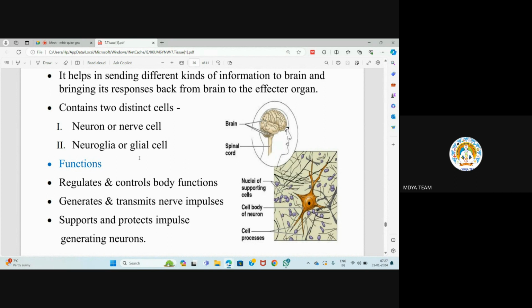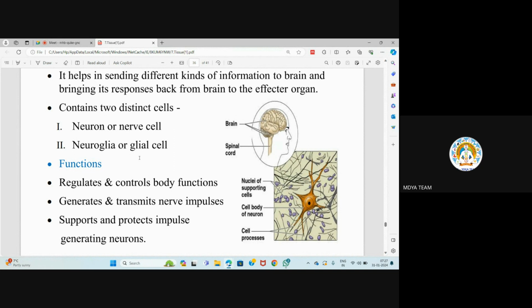We don't know even a hundred percent of the body. It's very, very mysterious. I have already told you, Yat Pinde Tat Brahmande, meaning whatever is in the universe is inside our body. So it's impossible to know the body completely, but we can try.